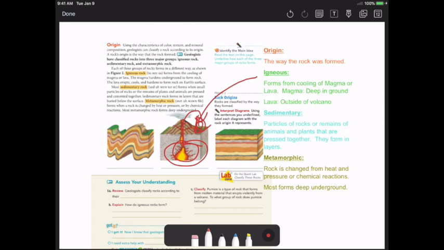Sedimentary rock is particles of rock and remains of animals and plants that are pressed together. They form layers. So sedimentary rock is right here. A lot of the ocean floor below the sand is sedimentary rock. Metamorphic rock is right here. That is rock that is changed from heat and pressure or chemical reactions. Most of it forms deep underground.